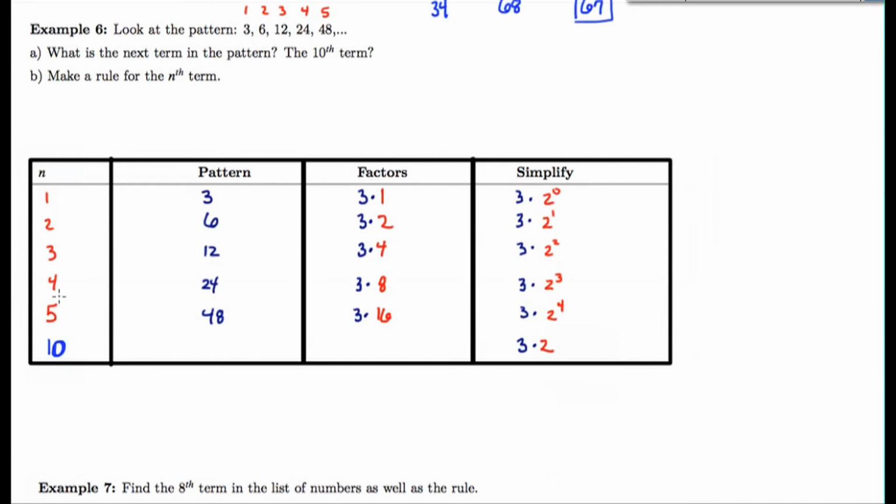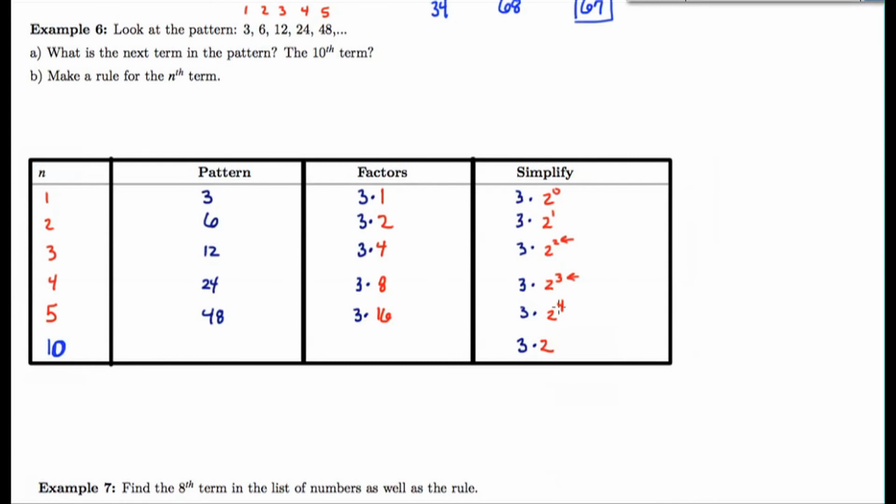So can we see the pattern? This is term 1, exponent 0; term 2, exponent 1; term 3, exponent 2; term 4, exponent 3. So if I'm going to do 10, I have to take 1 less. So this would be 2 to the 9th. 3 times 2 to the 9th.